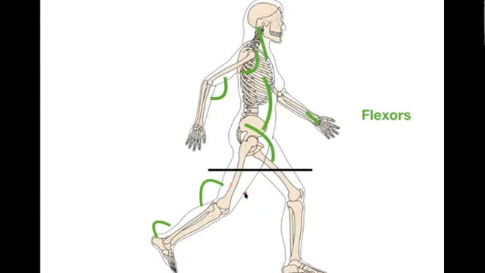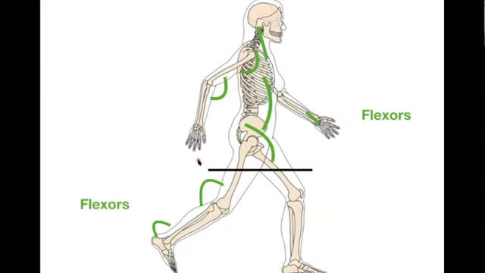So your major knee flexors like your hamstrings and your major ankle flexors, known as plantar flexion, are going to be on the posterior surface.